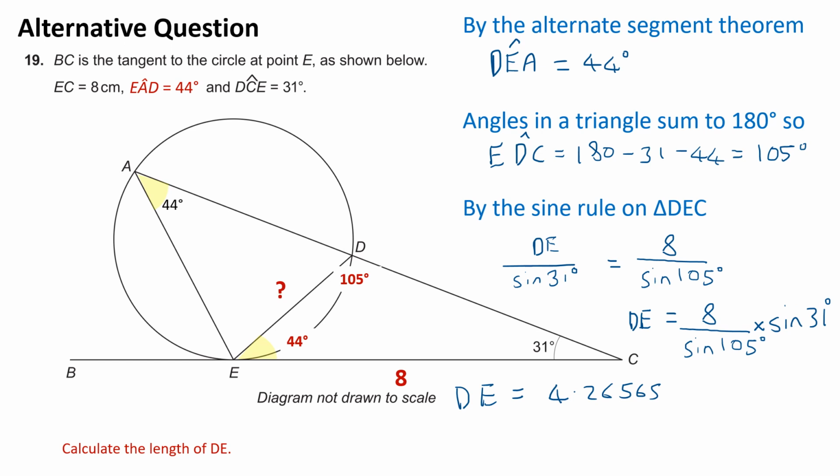So we get 4.26565 and so on for the side, and then we round it this time to 1 decimal place. We look at it, say, do we believe that? Yeah, that looks like a plausible length. Again, if it was 107, or negative, we would check our calculations. There we go.